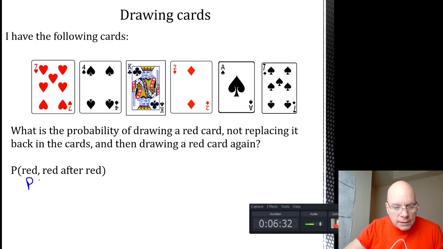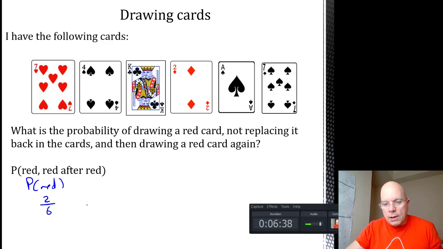The probability of getting the first red card is no different than what we did before because there were 2 red cards and 6 total cards. But because we are not replacing it, it doesn't matter which one you cross out, or you could just cover it with your thumb, but pretend that red card is no longer in the deck.